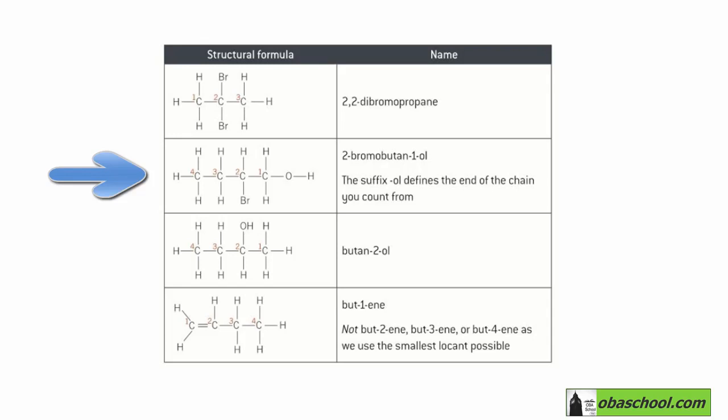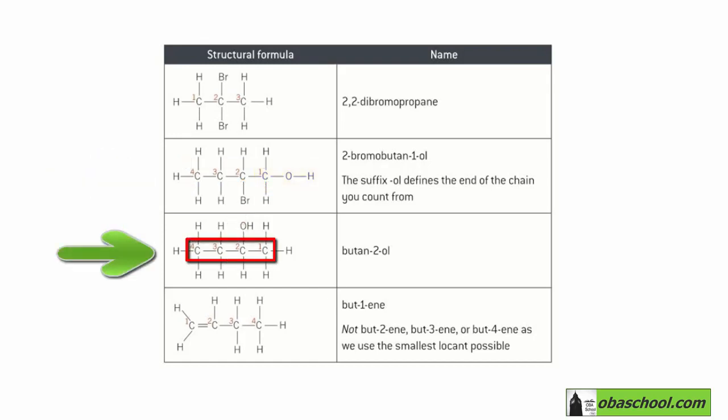For example, if this bromine atom was on this carbon atom, we will have 2 options of counting, 1, 2, 3, and 4 as shown here, or 1, 2, 3, and 4. So we will choose the first one because it will give the OH group the lowest number possible, which is 1 instead of 4.